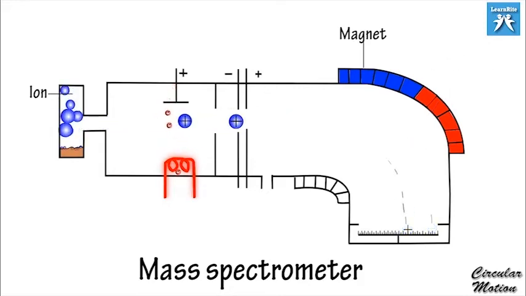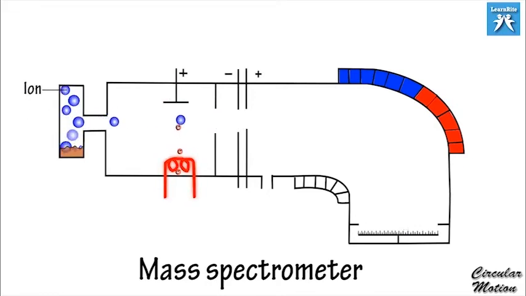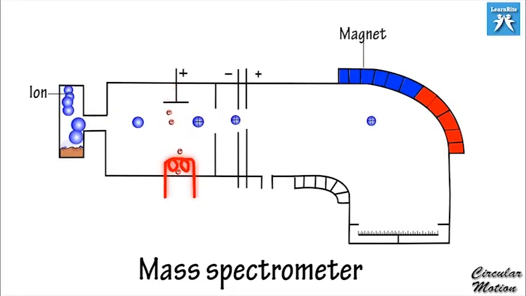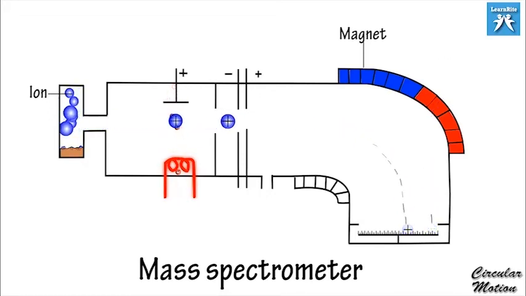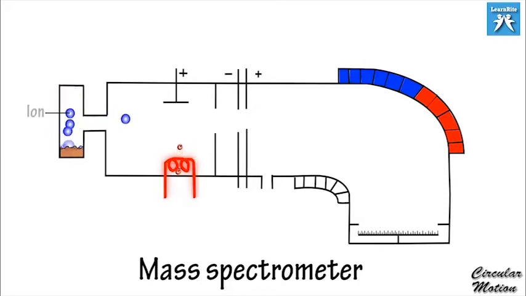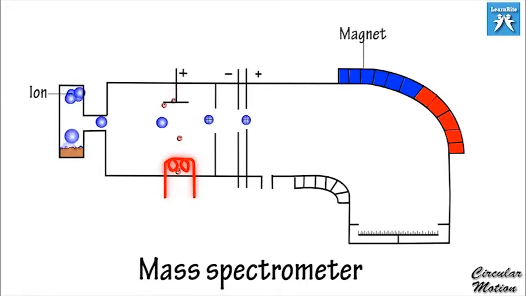Anytime a charged body enters, or we can say an ion enters this area, the magnetic field will exert a force on it. And what happens is this. This ion will now take this curved path. And again, it is performing circular motion.